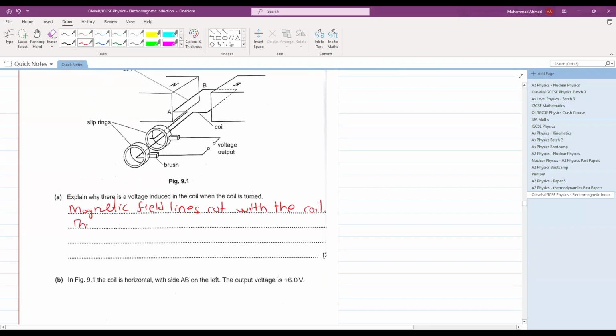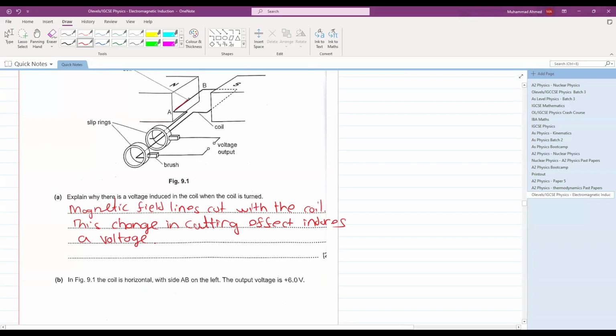This change in cutting effect induces a voltage. Simple as that.